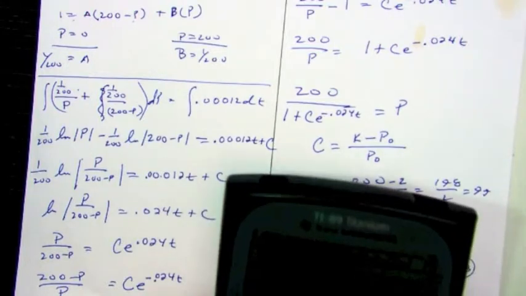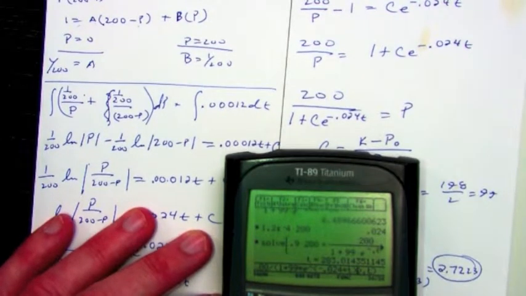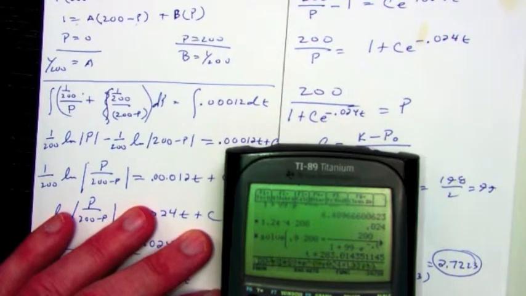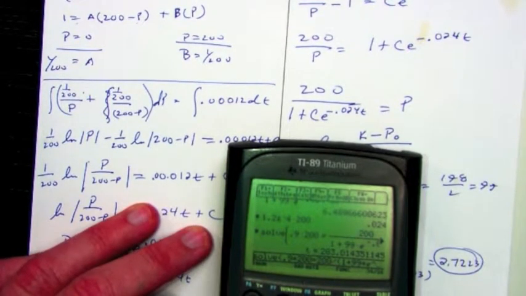So I did a solve, just so you can see the mechanics of this. I did 90% times 200 and set that equal to the function, and then I put the solve out front.